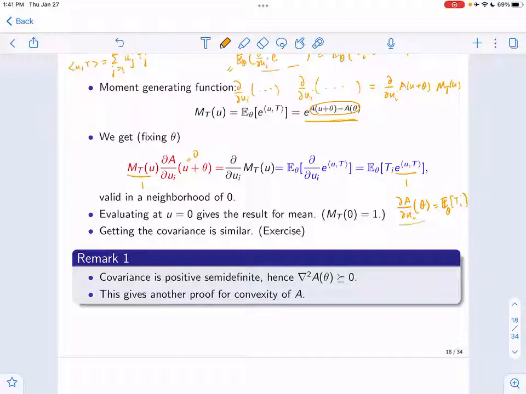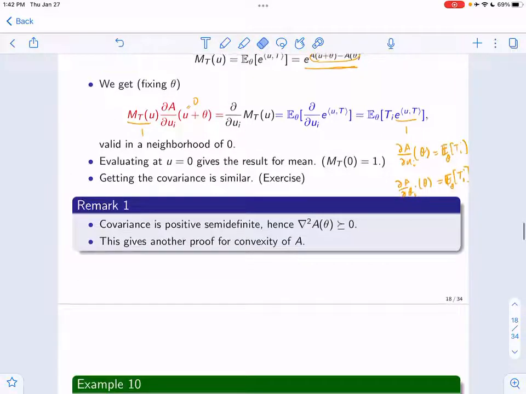And you can just call this partial with respect to theta_i, because u_i is just a dummy variable. This just says the partial with respect to the ith coordinate, so you can call it whatever you want. You're evaluating at theta, but that's the ith partial derivative. This is the same as that. So that's what we wanted to show.